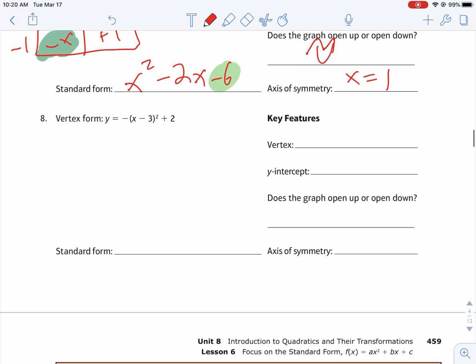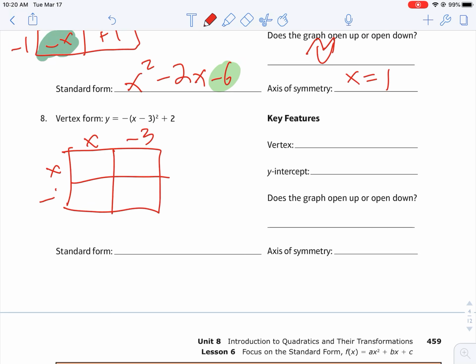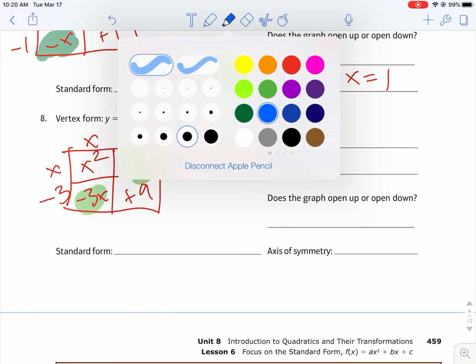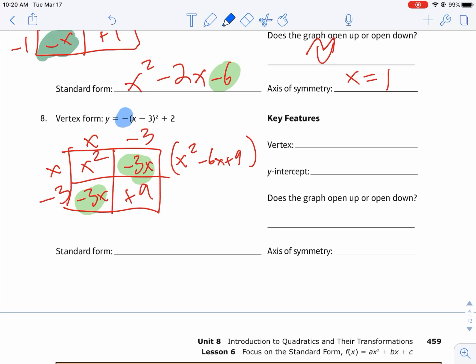Last problem, we have vertex form. Let's do box method. x minus 3, x minus 3, x squared, minus 3x, minus 3x, plus 9. I have these like terms. Let's combine them. I get x squared minus 6x plus 9. Notice I have a negative sign here, so I need to add a negative sign in front. What this negative sign does is it changes the sign of everything in parentheses.